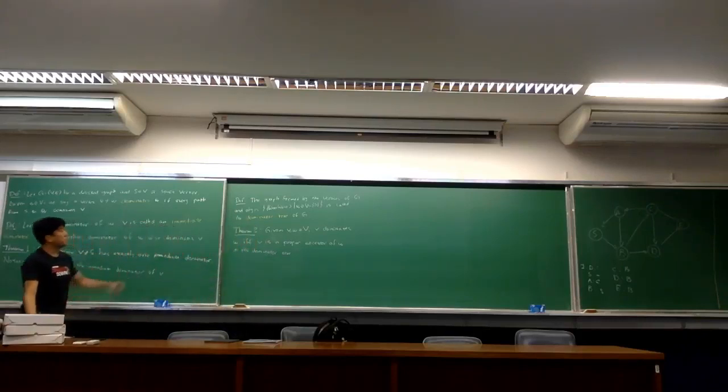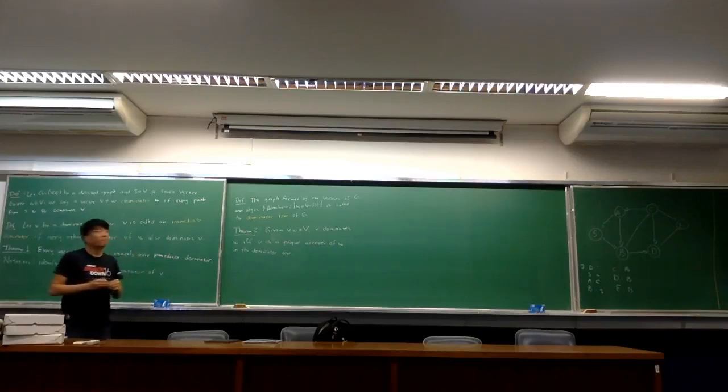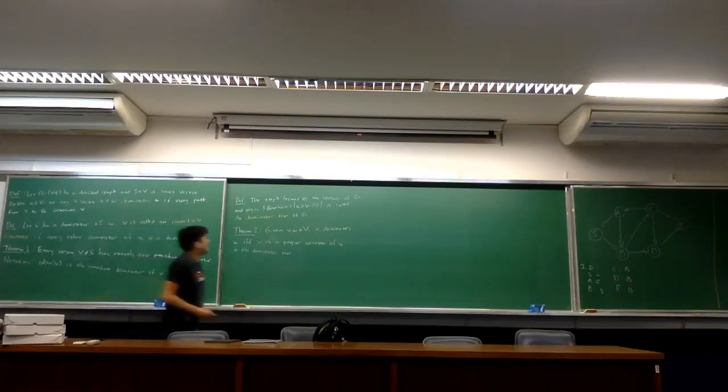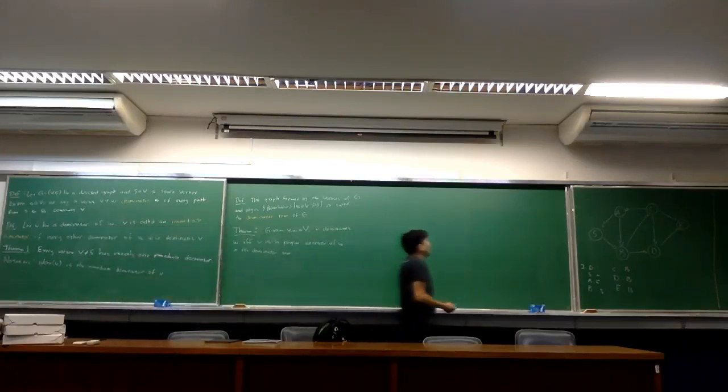The dominator tree is rooted at the source vertex. So with that, we have ancestors and descendants defined for every vertex. Our tree will look something like this.